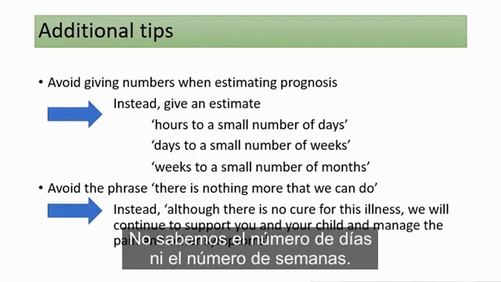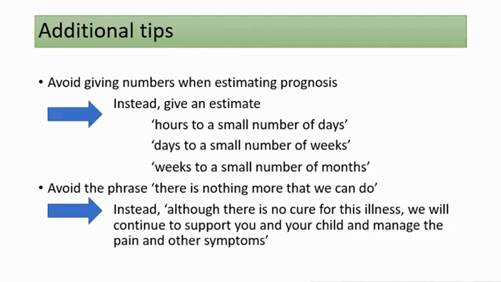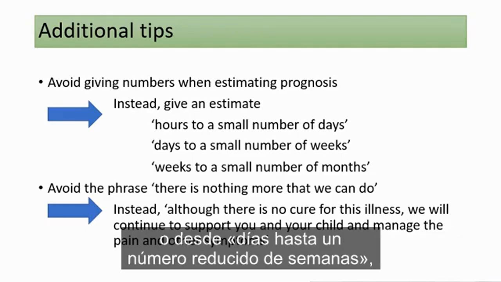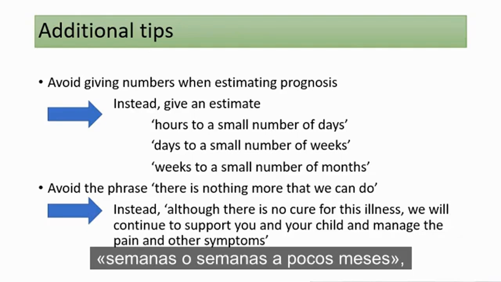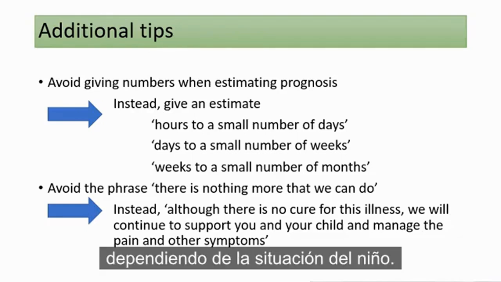We don't know the number of days or the number of weeks, we just have a rough idea. So instead give an estimate. And this can be, for example, hours to a small number of days, or days to a small number of weeks, or weeks to a small number of months, depending on the child's situation.